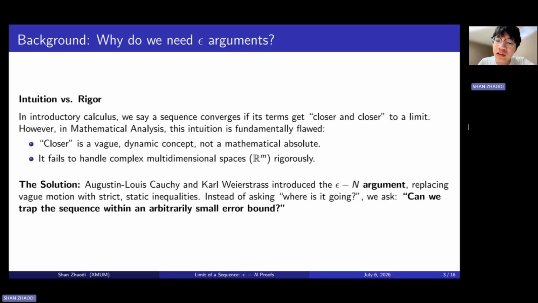To fix this, Cauchy and Weierstrass introduced the rigorous epsilon-N argument. Instead of asking where the sequence is going, we change our perspective and ask, can we trap the sequence within arbitrarily small error bounds?